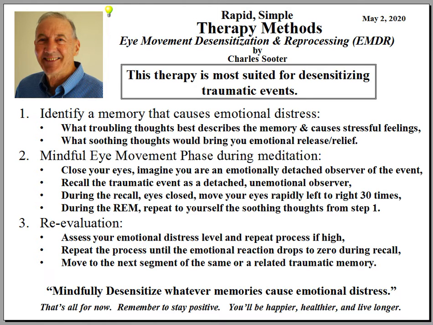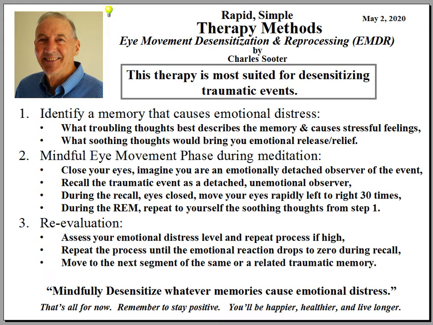My name is Charles Suter, and in the next 5 minutes I'll be presenting to you a very simple rapid therapy method for helping you overcome any emotional distresses or traumatic memories that you have that don't seem to go away. Again, this method can only be applied to small problems, small emotional distresses.